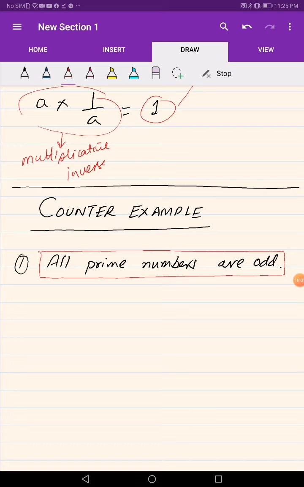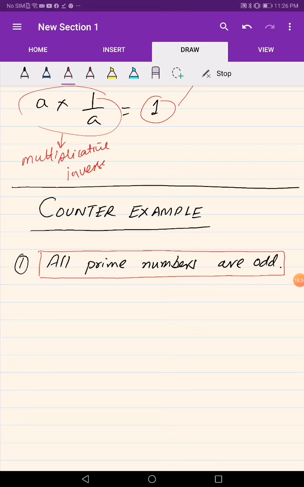Any proposition in mathematics and logic cannot be true and false at the same time. So the statement in front of you, all prime numbers are odd, is it true? Or is there a counter example which you can give, and that example will make it false?